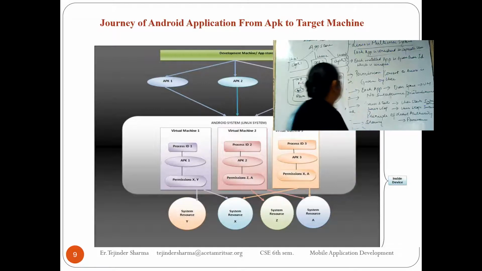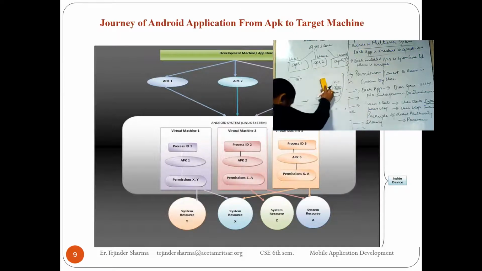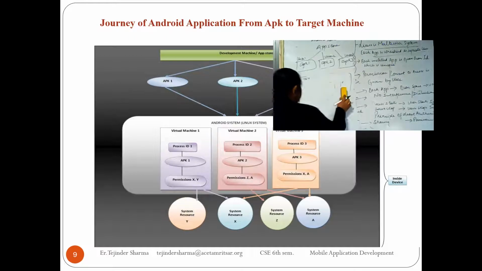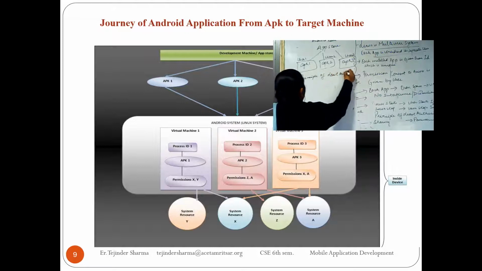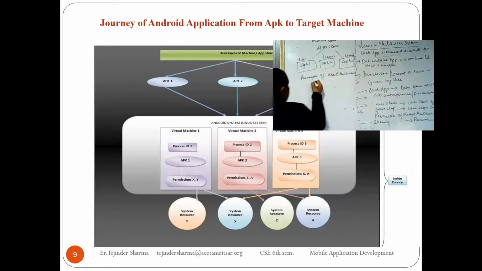Now, what is the principle of least authority? Suppose there is app A and app B. They want to share some common data.